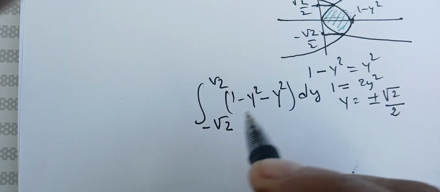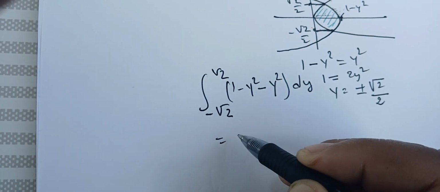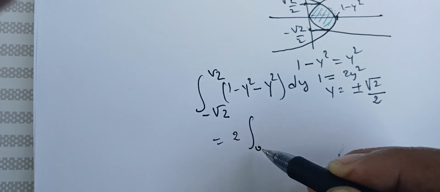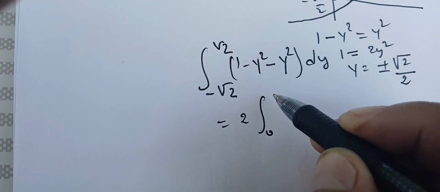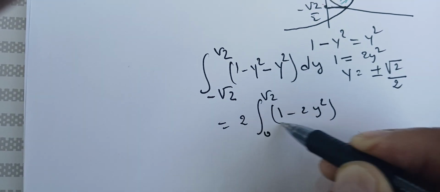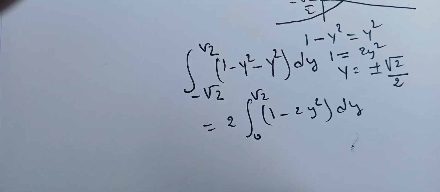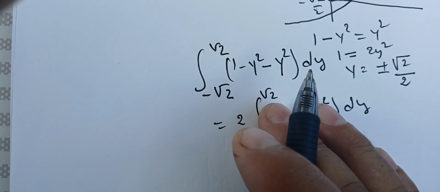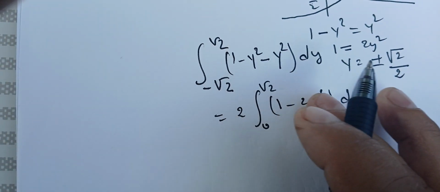Okay, but anyhow, we can just do it here. So this integral is going to be twice the integral between 0 and square root of 2 over 2 of 1 minus 2y squared dy.